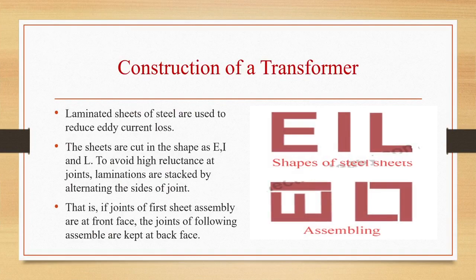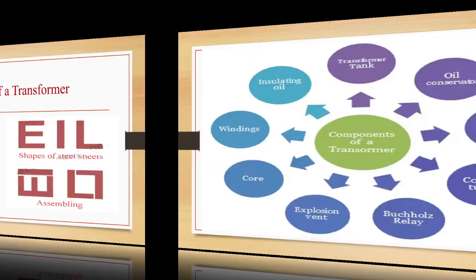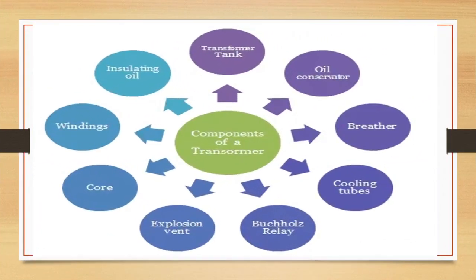So these are the various shapes of sheet steel, E, I, L. Laminated sheets of steel are used to reduce the eddy current losses, and they are cut in the shape of E, I, L, and to avoid high reluctance at joints, laminations will be stacked by alternating the sides of the joint. That is, if joints of the first sheet assembly are at the front face, joints of the following assembly will be kept at the back face.